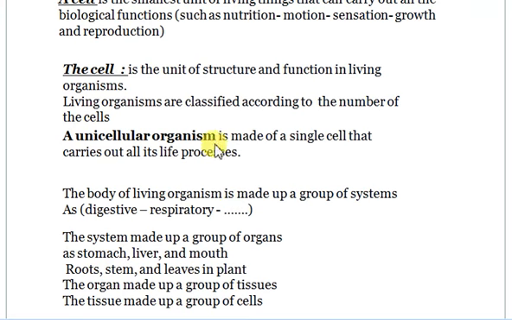Unicellular organism, كائنات وحيدة الخلية, is made of a single cell that carries out all its life processes. Examples of unicellular organisms are bacteria and fungi.